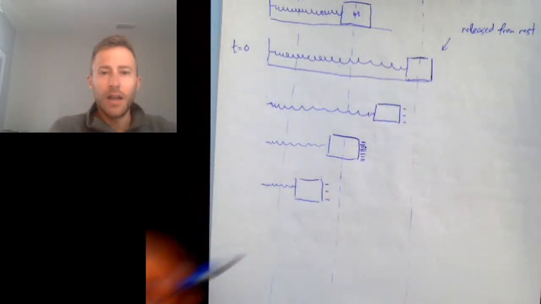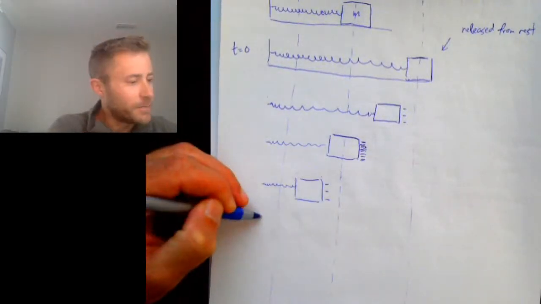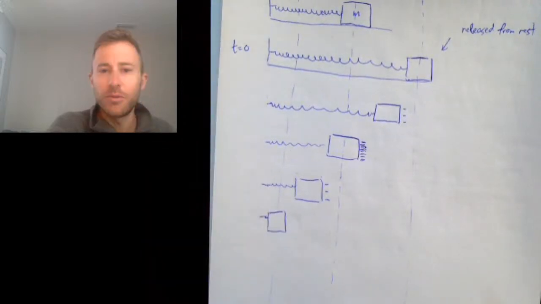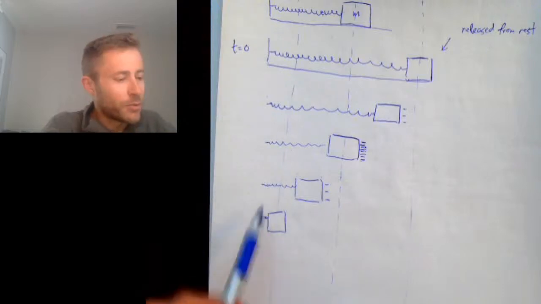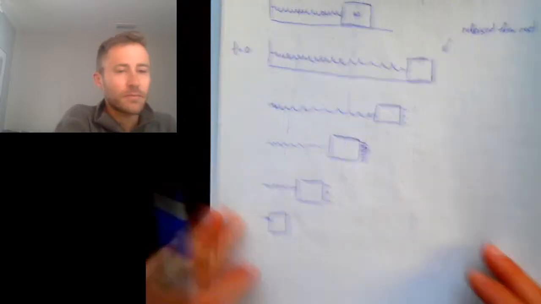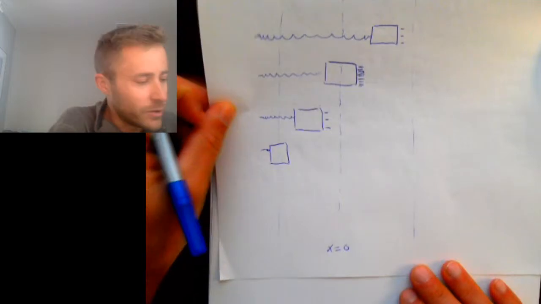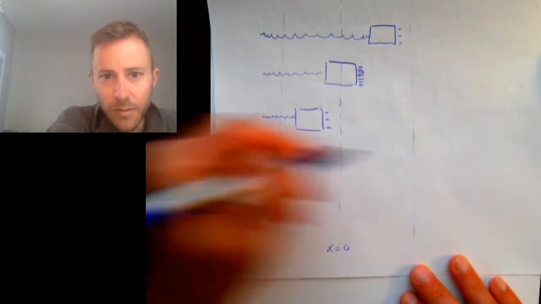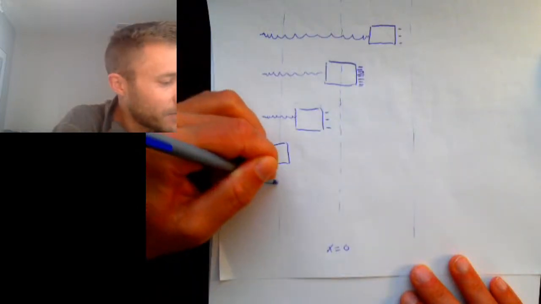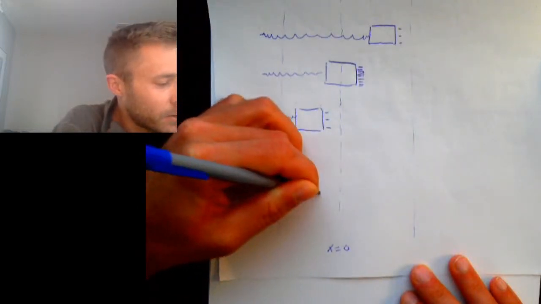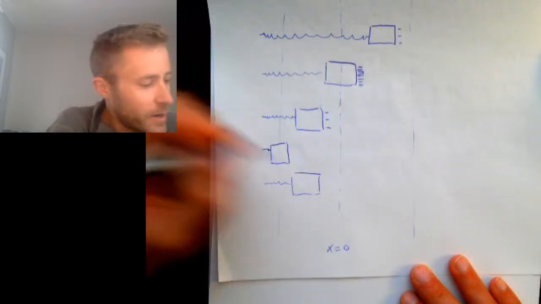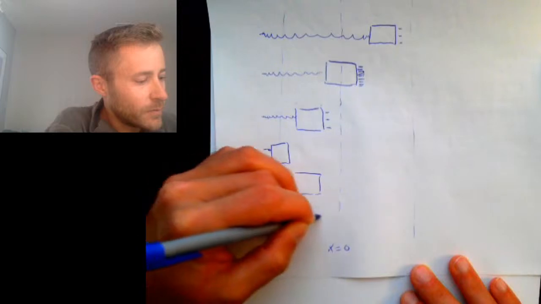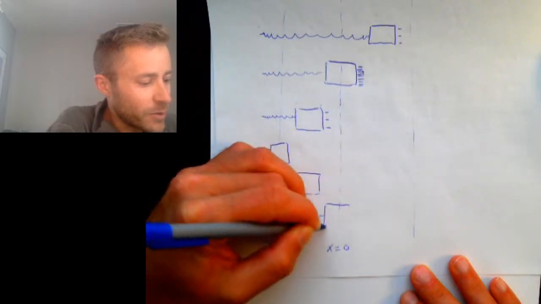And then it's going to go to the other side, and it's going to be completely stopped. But the spring is still compressed, so it's going to now push the mass back to the right, and it's going to pass through equilibrium again.